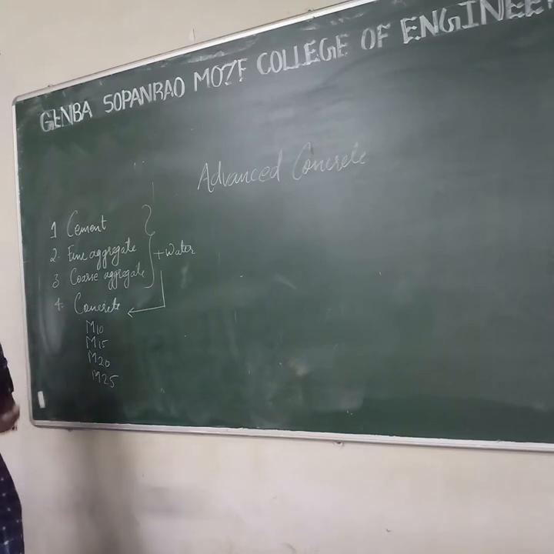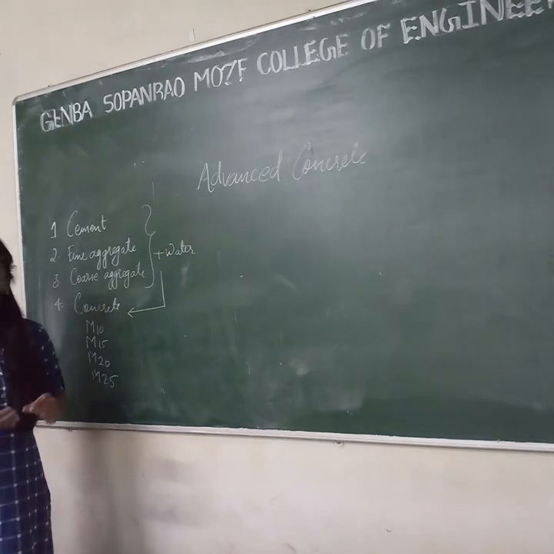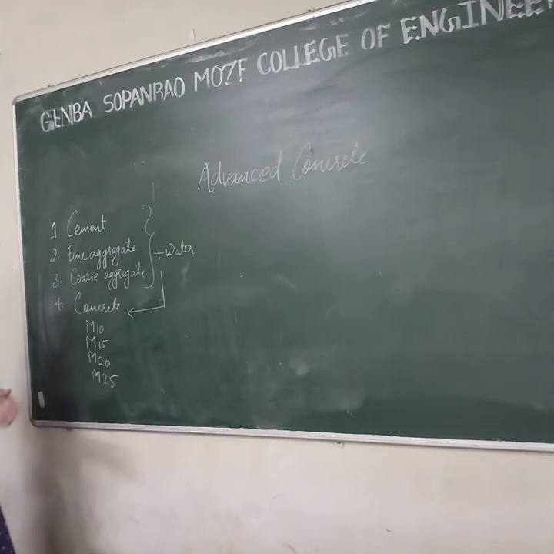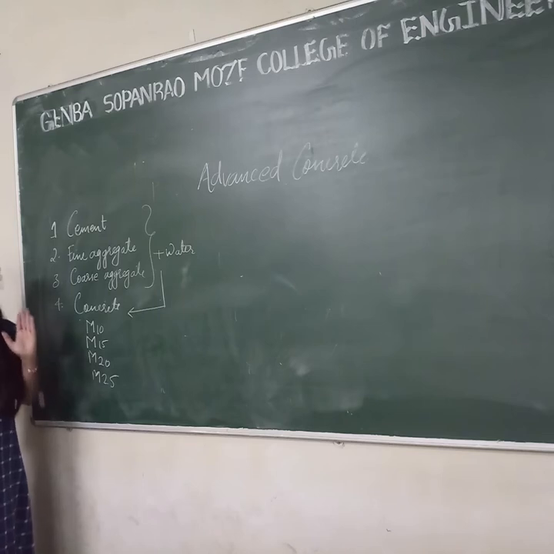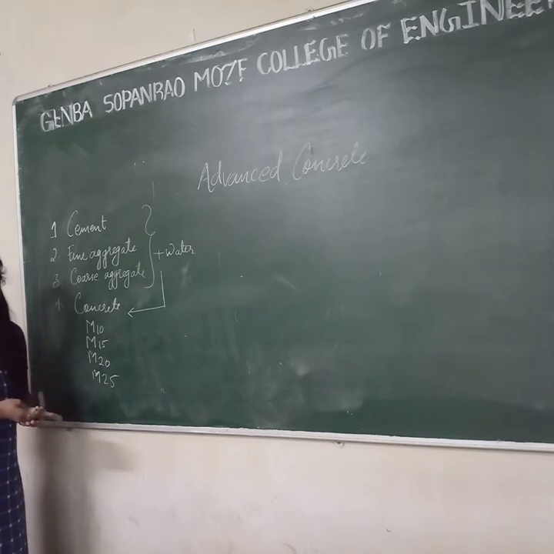According to the Indian standard codes, you have some mixes of concrete like nominal mix, design mix, and standard mix of concrete. Nominal mix and standard mix are the mixes available in the Indian standard code, meaning you are making concrete according to the IS codes.